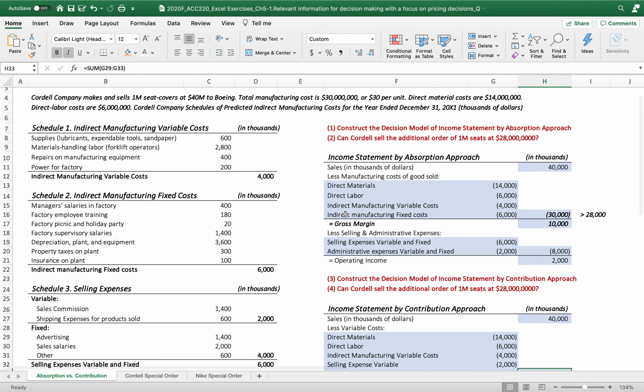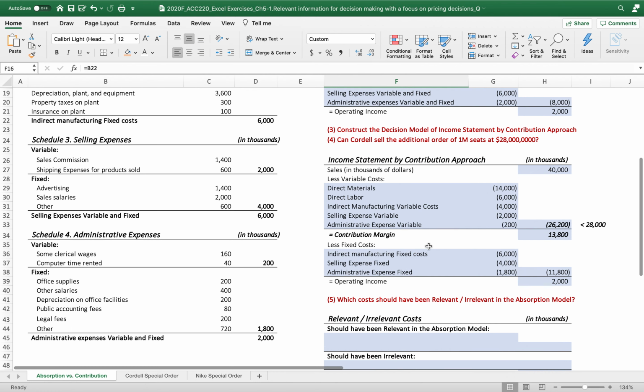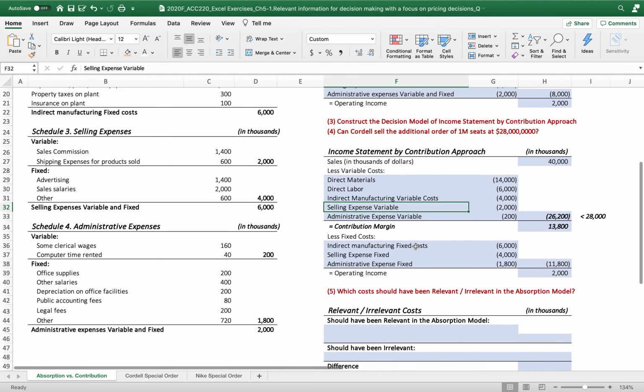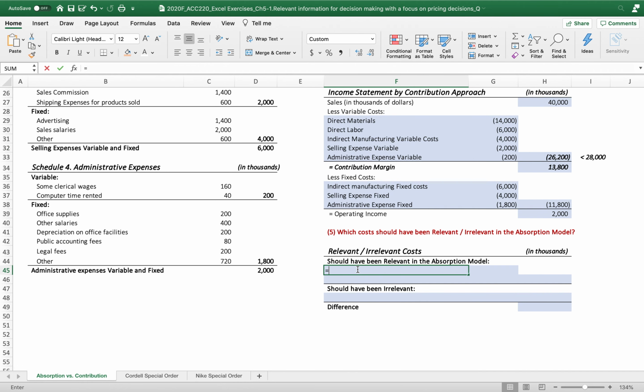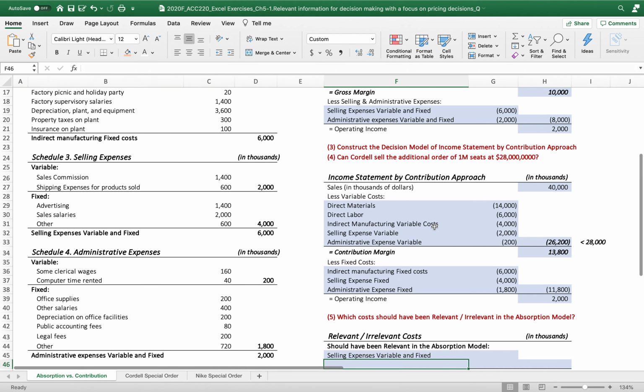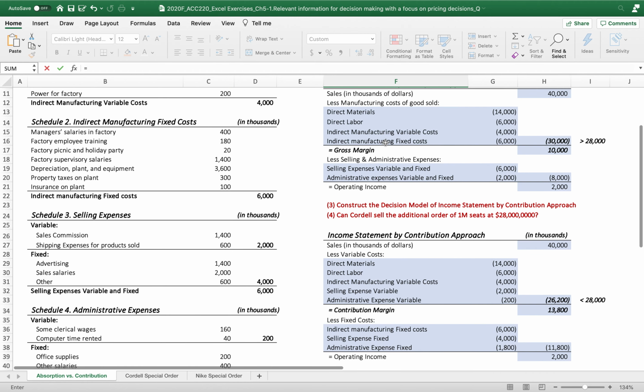Here, definitely the fixed cost is irrelevant, right? But here, do you see? The variable selling expense and the variable administrative expense should have been relevant in the absorption method, because it should be included in here, right? In here. So the should-be-relevant was selling expense. Oh, sorry.